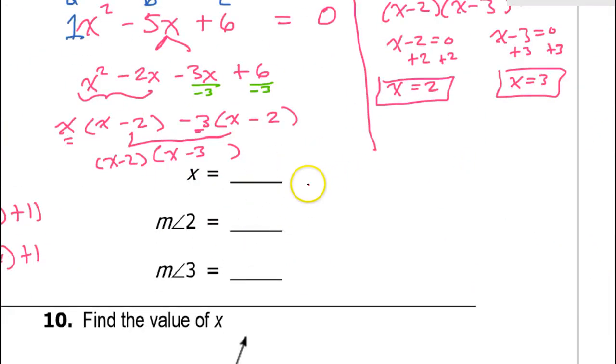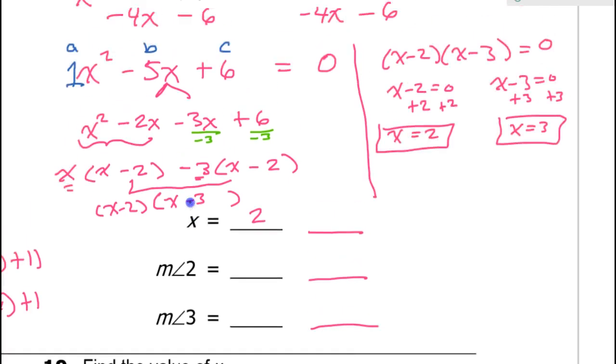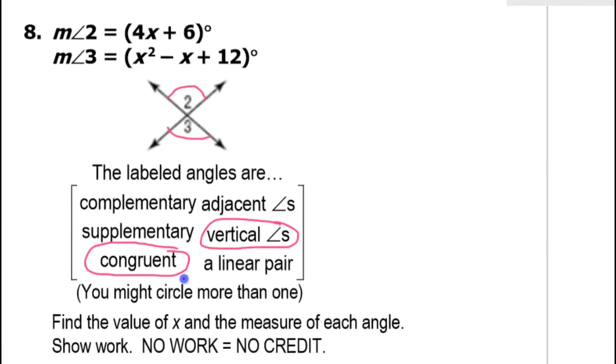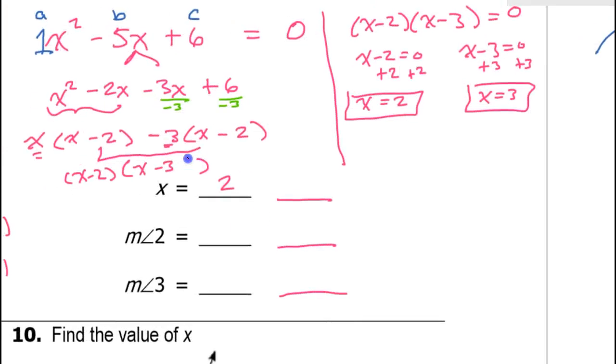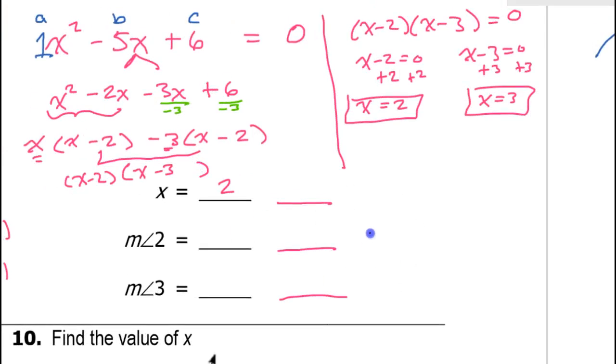So let me assume for a moment that both of these are okay. If x is 2, let's see what I get for the measure of angle 2 and the measure of angle 3. The expression for the measure of angle 2 is 4x plus 6. So this would be 4 times 2 plus 6.